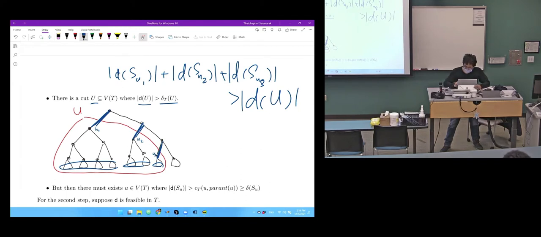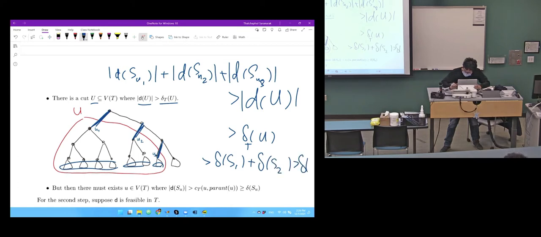But this thing is more than the cut size here, which is more than the cut size of S1 plus S2 plus S3.